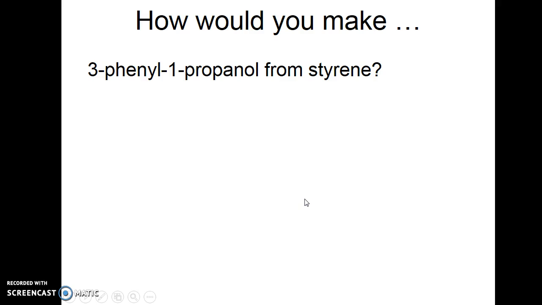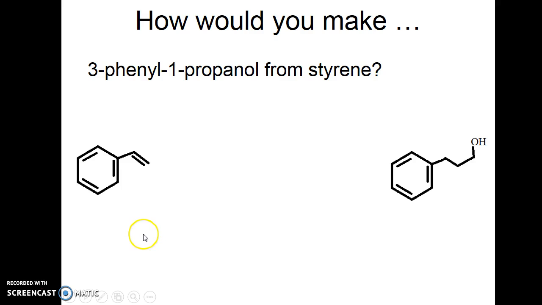3-phenyl-1-propanol from styrene. First, let's put styrene down, and then let's put the 3-phenyl-1-propanol. And if you look at that, you can kind of see where your carbons are. These two carbons have to be these two carbons. You can see you have to add another carbon in order to make this molecule. Have we learned how to add a carbon?